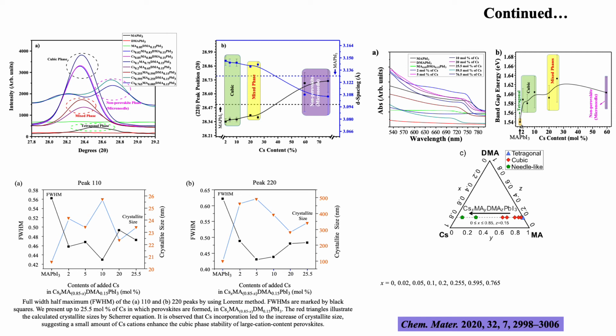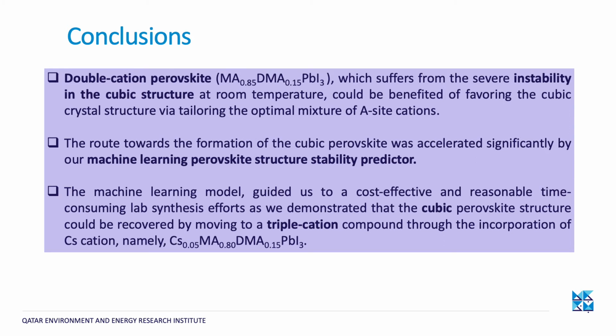We are concluding that double cation perovskite is suffering from severe instability, and to get the cubic crystal structure, we added the smaller cesium cation at the A site in the perovskite structure.